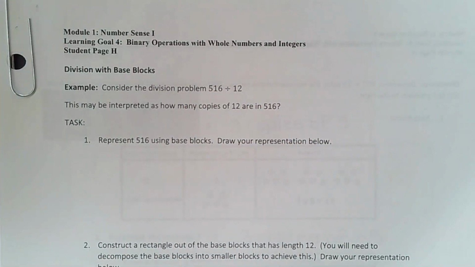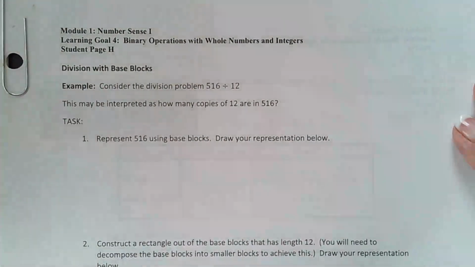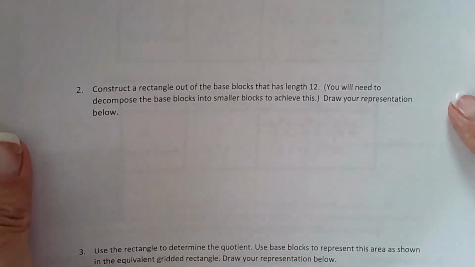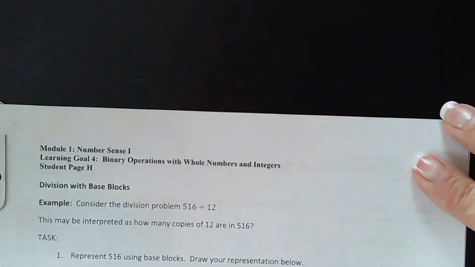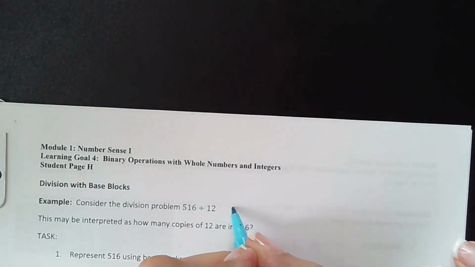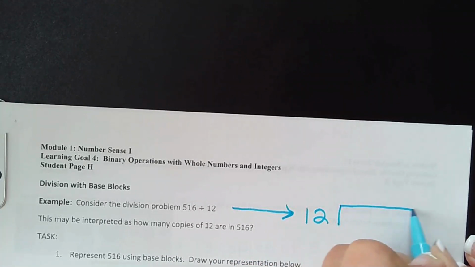So we're just going to work on the algorithm because most of you will not have time to draw 516 blocks and break it into groups of 12. So we're going to actually use the algorithm. We'll just do it right here. So we're doing 12 into 516.